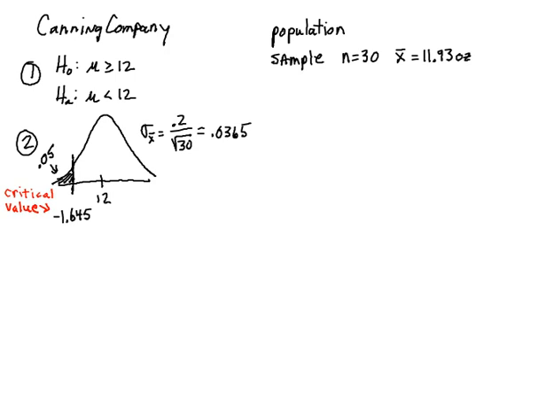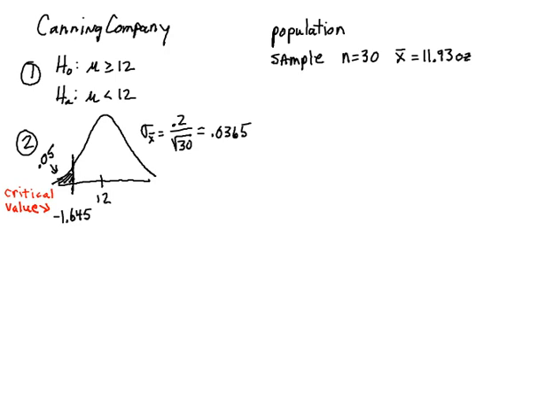So if our sample average of 11.93 is to the left of this decision line, then it's far enough away from the 12 ounces that are claimed in the null hypothesis that we can reject the null hypothesis. If the 11.93 ounces is between that critical line and the 12, then it's too close to call, and we will not have enough evidence to reject the null hypothesis.